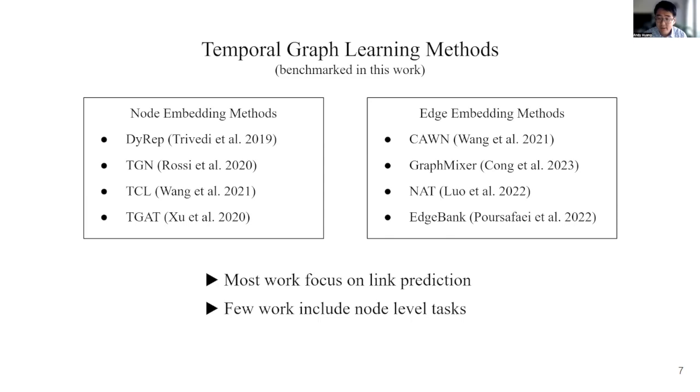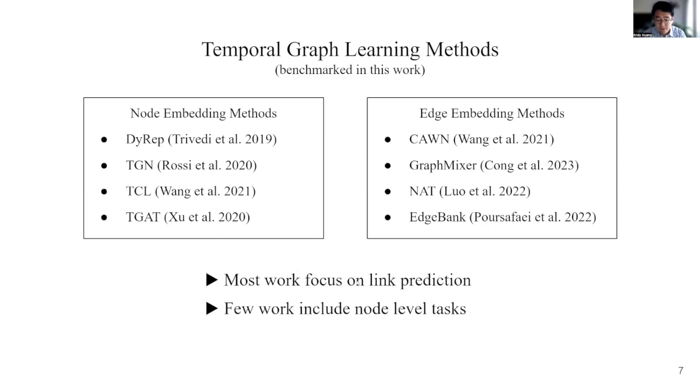And the edge embedding methods focus on directly generating the embedding for the edges. These are two parallel categories of approaches, and all these methods will be benchmarked, and we'll see the results later.